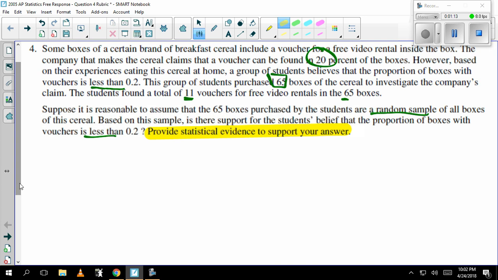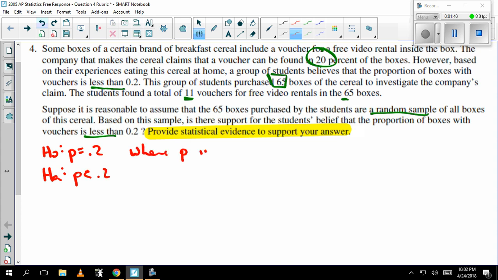So, first part, the null hypothesis is that P is 0.2 versus the alternative, it's something less than 0.2, where P is the true proportion of boxes with a voucher.